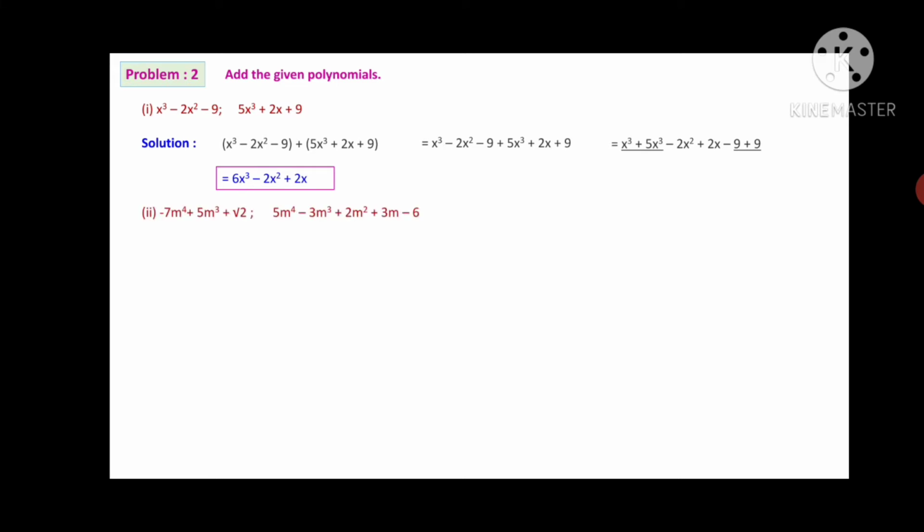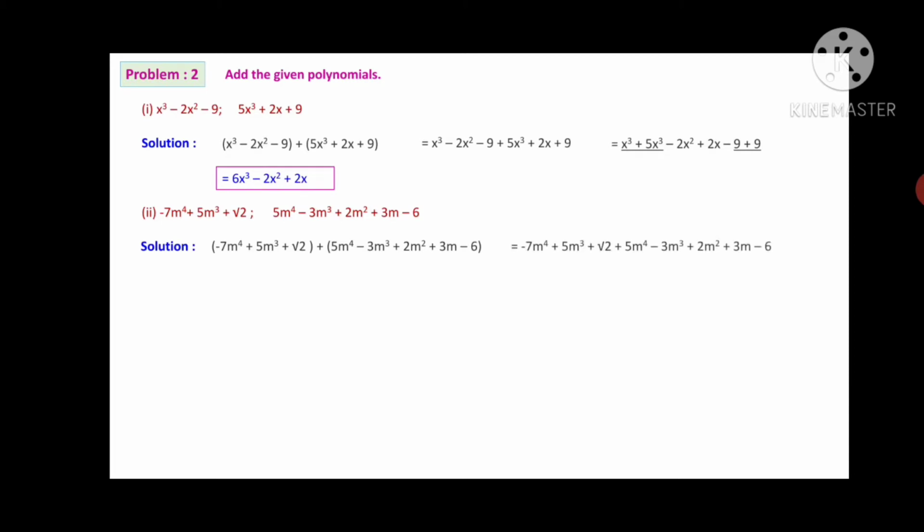Next, minus 7m raised to 4 plus 5m cube plus root 2, and 5m fourth minus 3m cube plus 2m square plus 3m minus 6. So it could be written like this. In one bracket we write minus 7m fourth plus 5m cube plus root 2. In another bracket, the next polynomial, 5m fourth minus 3m cube plus 2m square plus 3m minus 6.